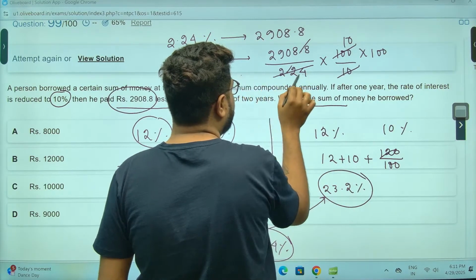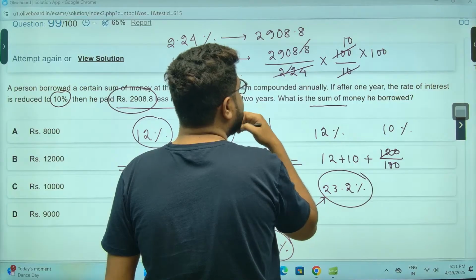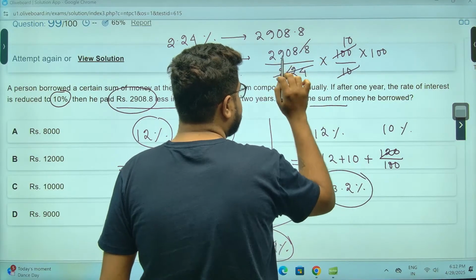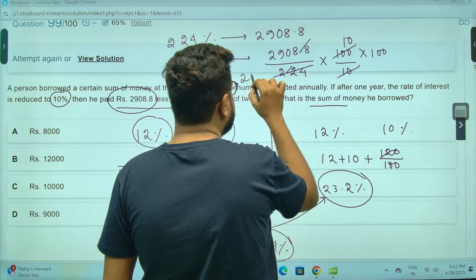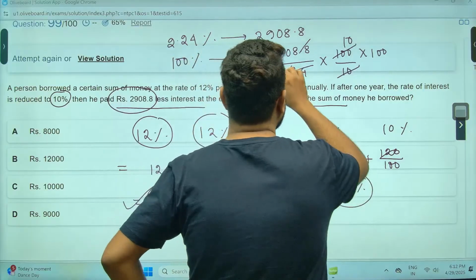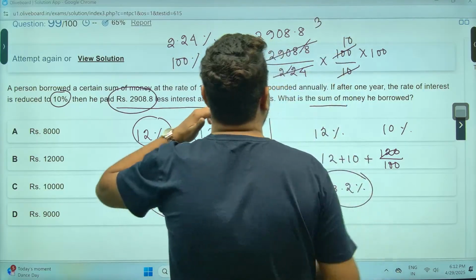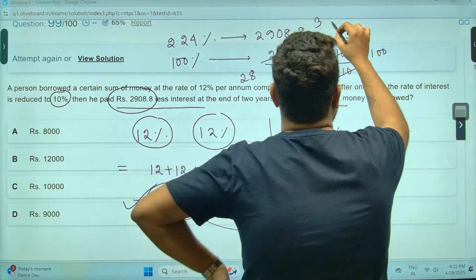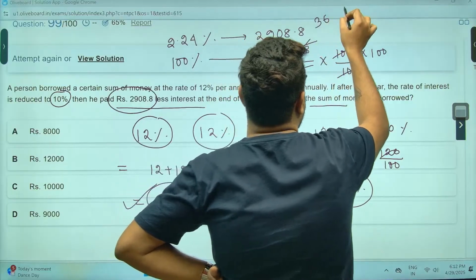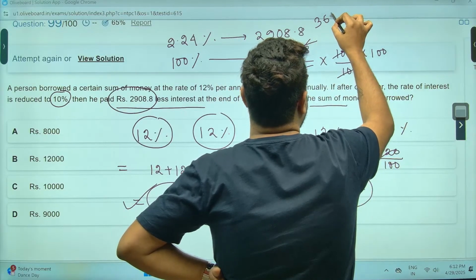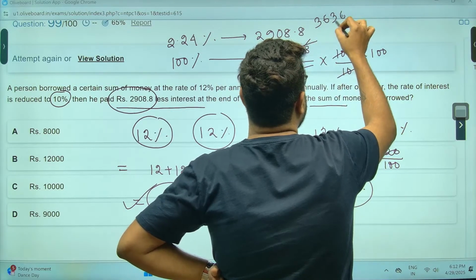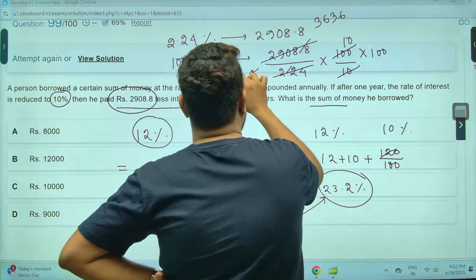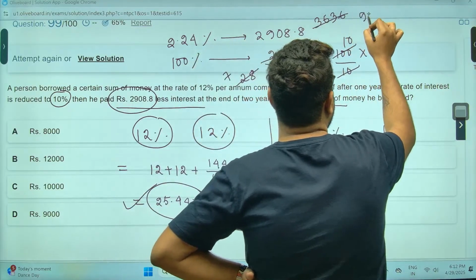It is divisible by 8 as well. Let's do it by 8. 8 2s are 16, 8 8s are 64, 3 8s are 24, 6 8s are 48, and so on. 4909.